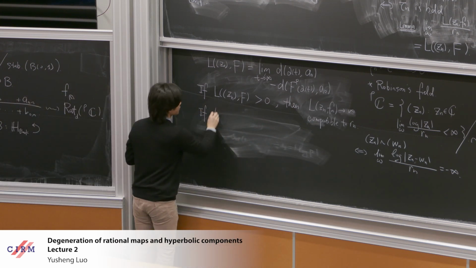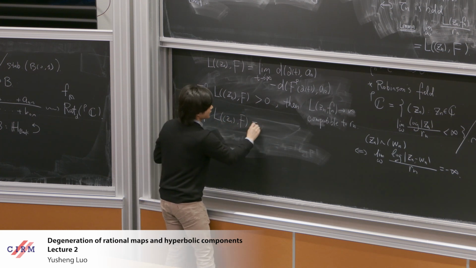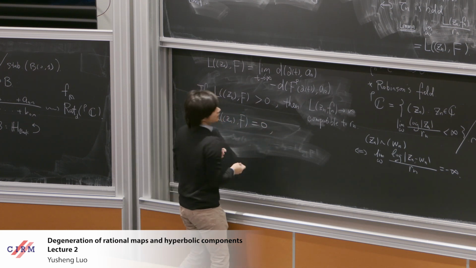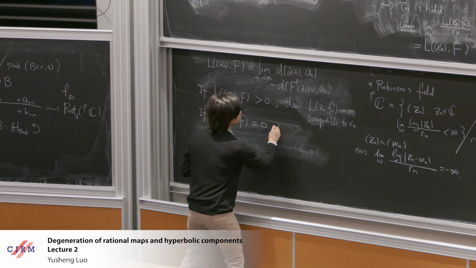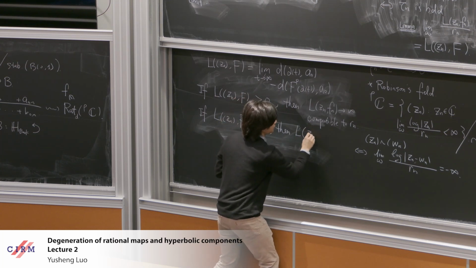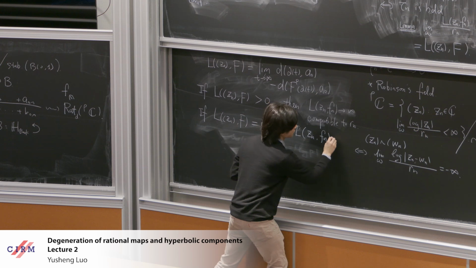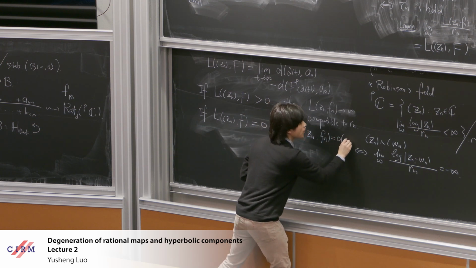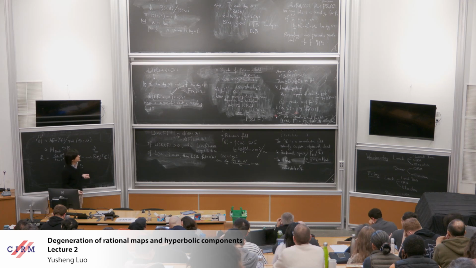On the other hand, if this L of Zn with f equals 0, then we can't really say too much, but rather all we know here is that these length spectrums are small o of Rn. So they might be bounded, they might still be unbounded.